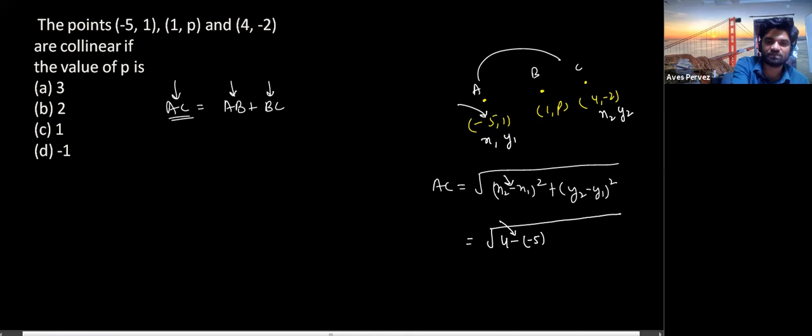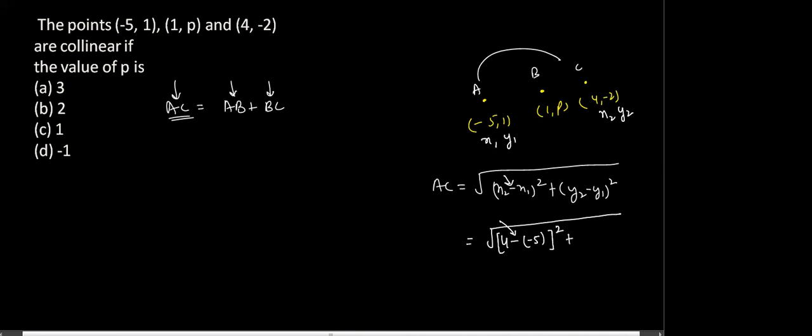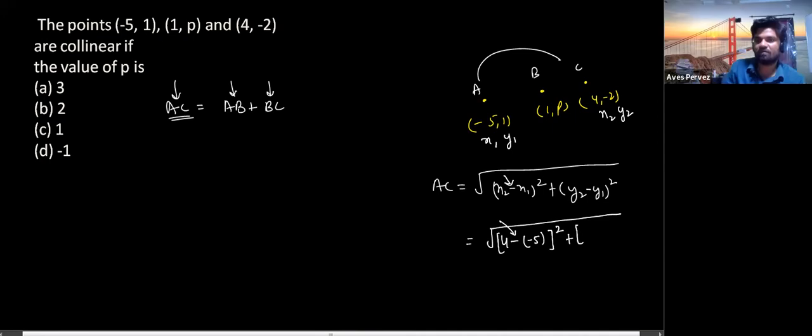Then we put the bracket and whole square this one, then plus, again the bracket, and then y2 minus y1, that is -2 minus 1, because -2 is the coordinate and minus is from the formula, and 1 is positive here. Now again we have to square this one.